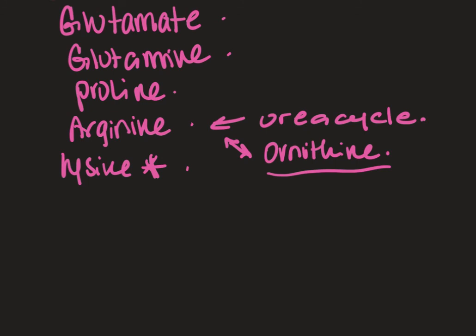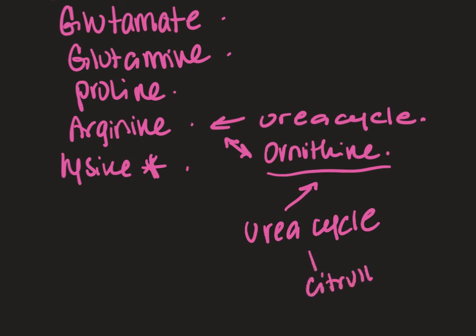So it is important to note that ornithine in the urea cycle gets converted into citrulline by an enzyme known as CPS1. It's an ATP-dependent enzyme. And the CPS1 enzyme helps to eliminate excess NH3.